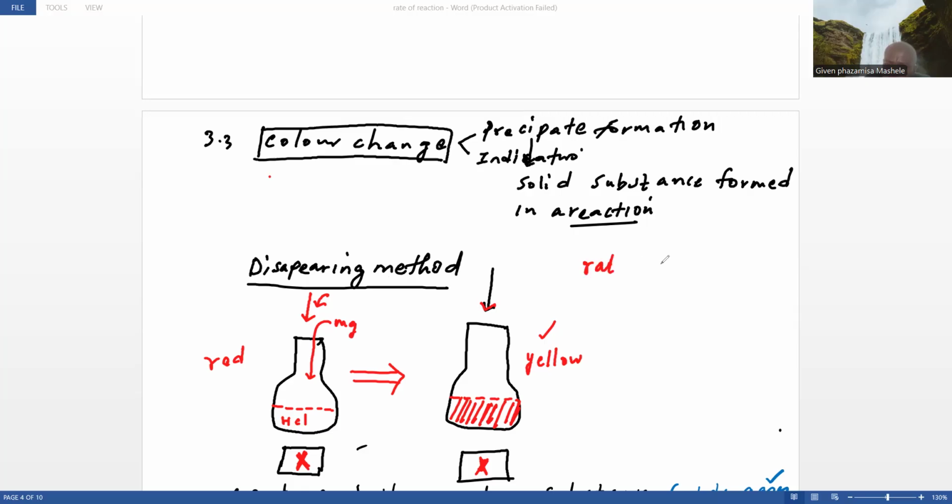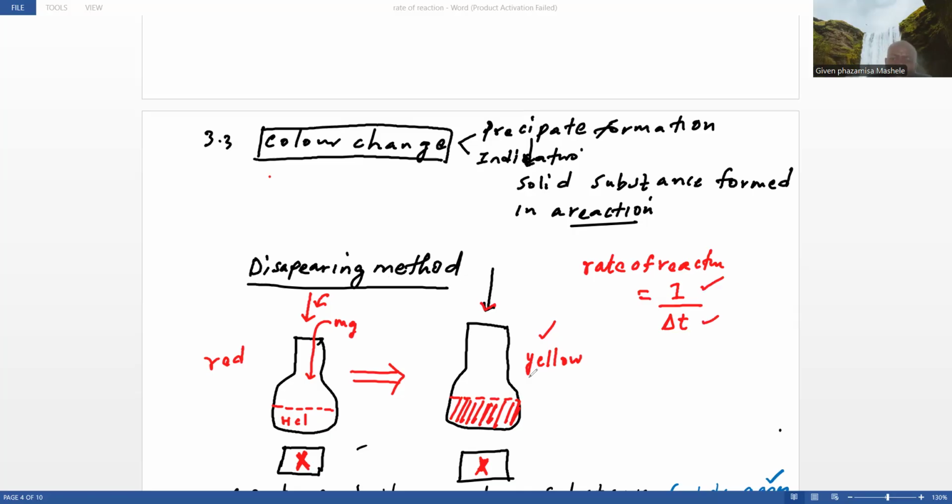With this, we consider one color change over the change in time. So the formula for calculating the rate of reaction when we are dealing with color change is just 1 over the change in time.